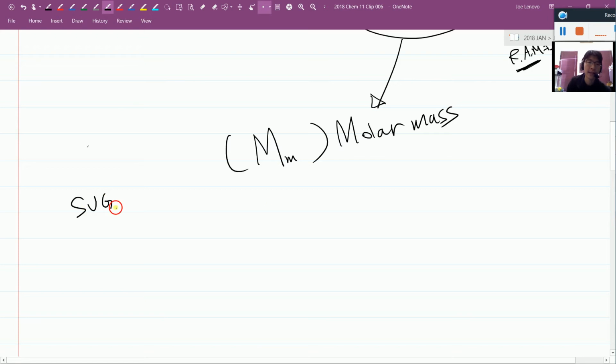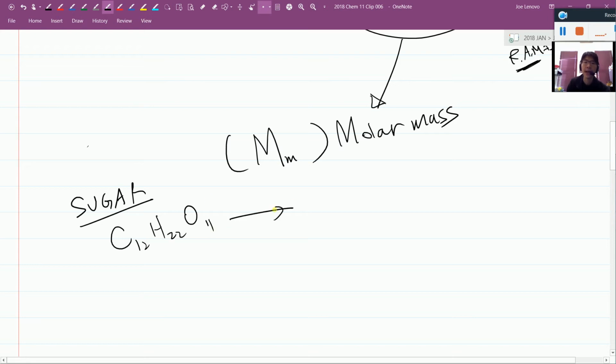Sugar, as an example, is a very big molecule: C12H22O11. That sugar molecule, the one in the sugar block, contains 12 carbon, 22 hydrogen, and 11 oxygen as one big molecule.